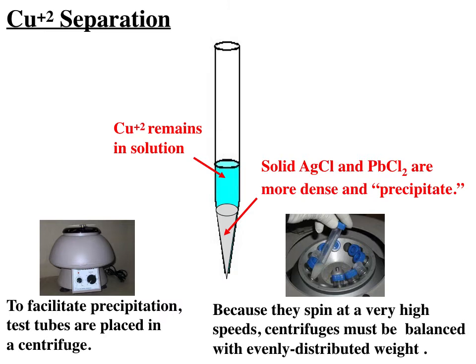It's kind of like opening your washing machine, spreading the towels out evenly around in the tub, and then turning on the spin cycle, and now your washing machine hums along nice and smoothly. So through centrifugation, we're going to ensure that we have completely separated our silver and lead in the solid form from the copper in the aqueous form.